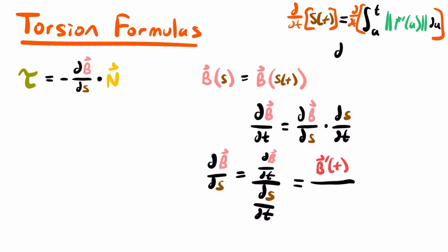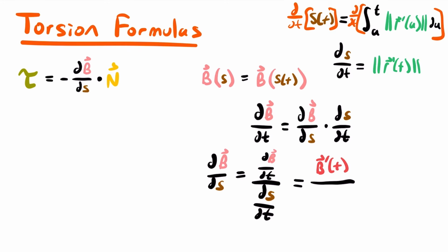And so what we find here is that ds dt is equal to the magnitude of r prime of t. All right, the derivative of the arc length function with respect to t is just the magnitude of r prime of t. So that's what goes into the denominator of this expression that represents the derivative of the unit binormal vector with respect to the arc length function, but in terms of t.